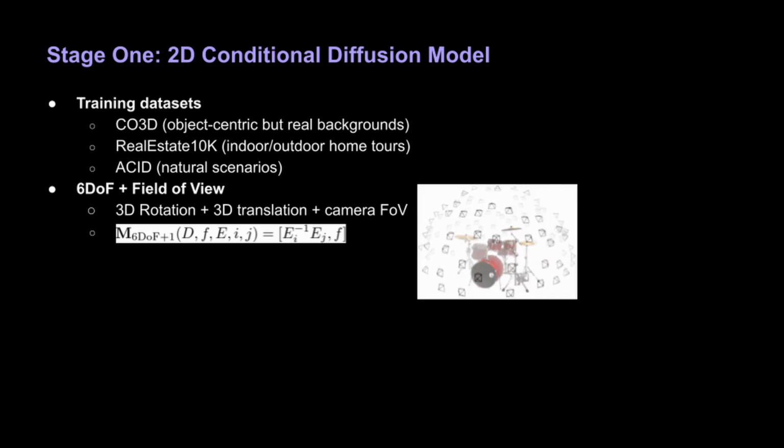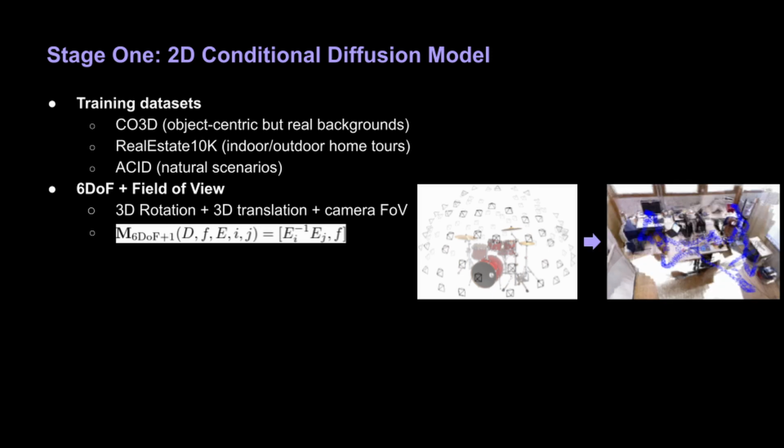Previous methods use 3 degrees of freedom, only capture camera elevation, azimuth, and radius, creating this various distance dome shape pointing inwards. ZeroNVS uses 6 degrees of freedom, including 3D rotation and 3D translation, allowing it to model the free movement of camera in a scene properly. It also uses camera field of view to be able to do mixed training on different datasets.